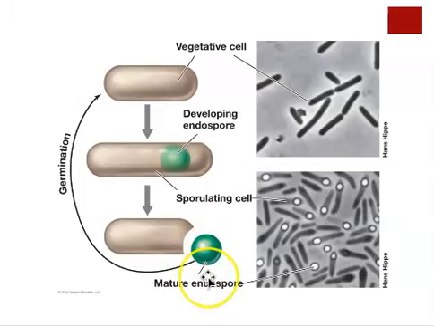Now, when the conditions get better, this endospore can regenerate into a vegetative cell, and that's what they're showing us here. We call that process germination. Once there's enough water and enough nutrients, that spore can go back and become a normal, metabolizing, dividing vegetative cell again.